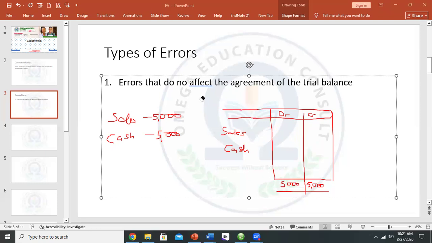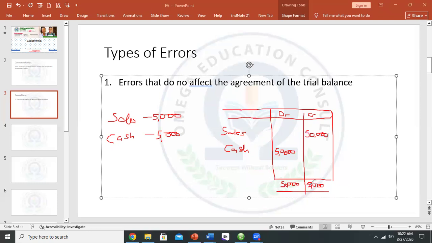Sales is here 5,000, but I made it 50,000 when I was recording. And then cash, I made cash also 50,000 when I was recording. So you see that your total will still be 50,000 debit, 50,000 what?